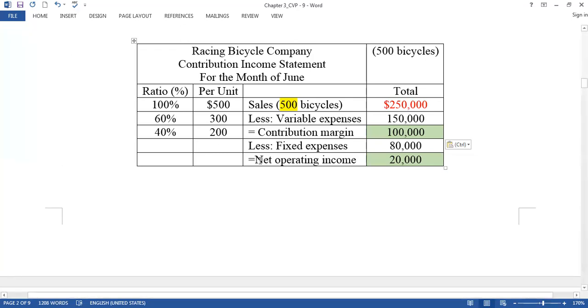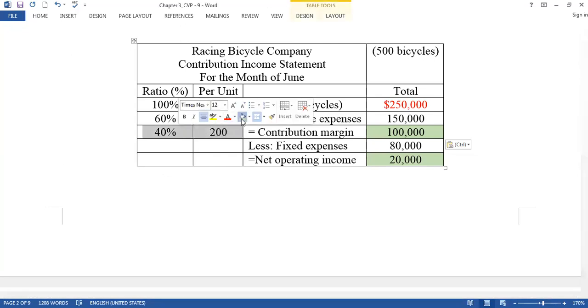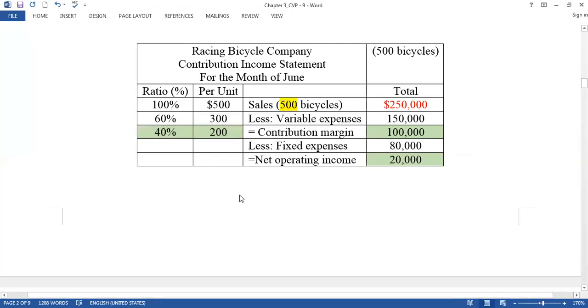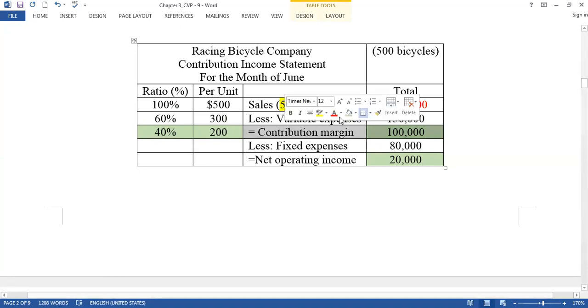Very soon you will see that these numbers are really very important: per unit contribution margin, the contribution margin ratio, and the contribution margin.